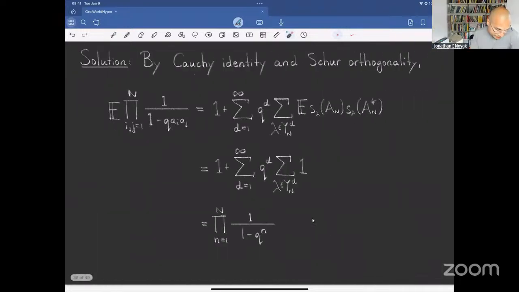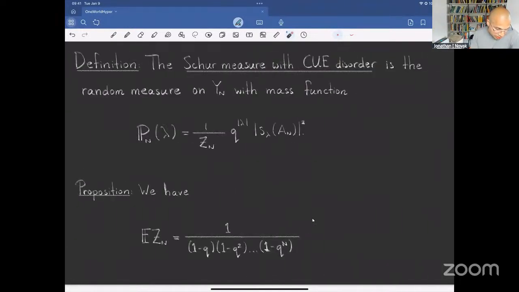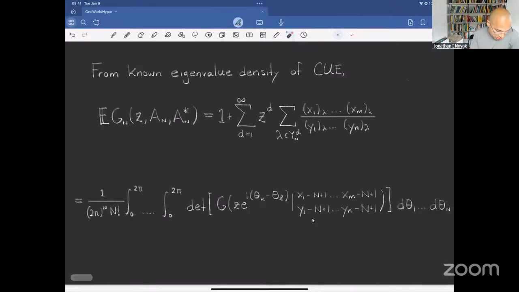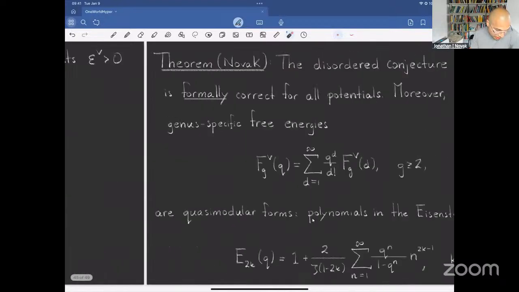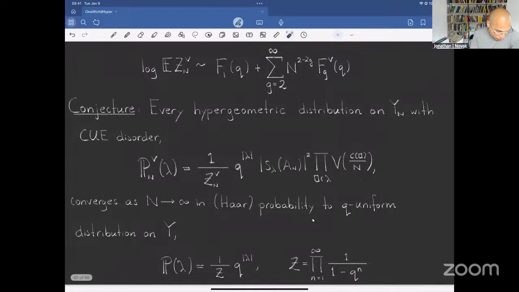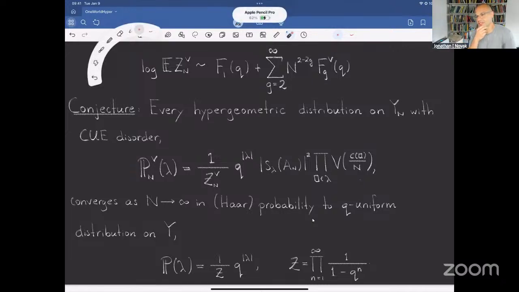Right. So the first guess that I have is this one, which is that there's a law of large numbers. So let me just forget about the potential for a second, and if you know how to answer this, I would love to hear the answer. But suppose I just take Schur measure, a very, very familiar object. I take Schur measure, and for its parameters, I take the CUE.